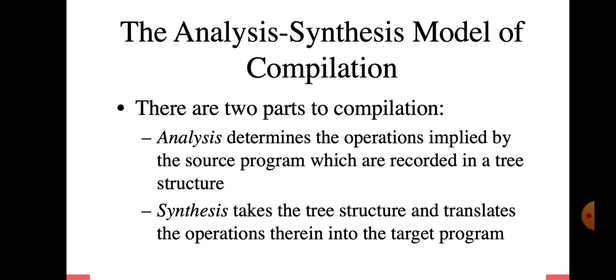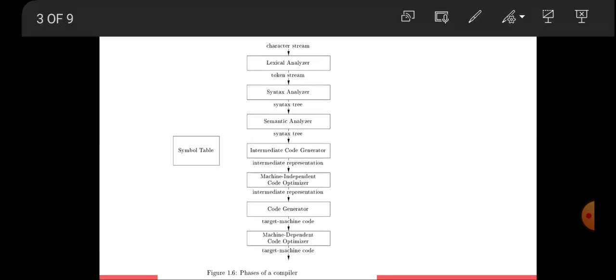The typical phases of compiler are lexical analysis, syntax analysis, semantic analysis, intermediate code generation, code optimization, and finally the code generation.